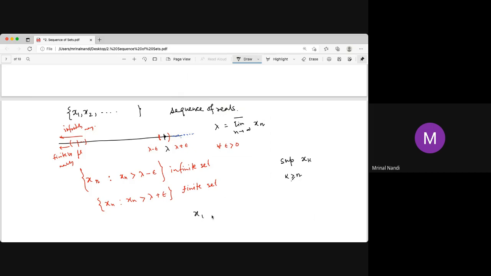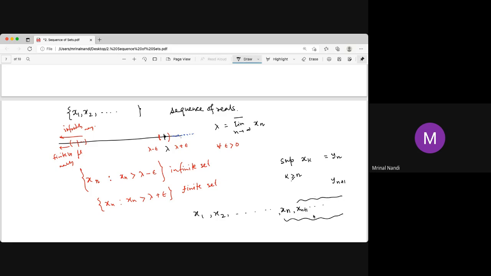So the sequence is x1, x2, and so on, and you take some n, and then take the supremum over all these elements. Now call this yn. Now if you take yn plus 1, that means you are dropping one element, so this is a supremum over this remaining part.